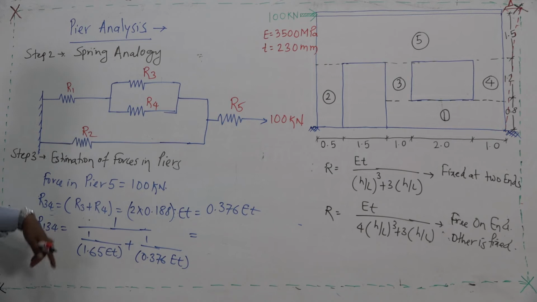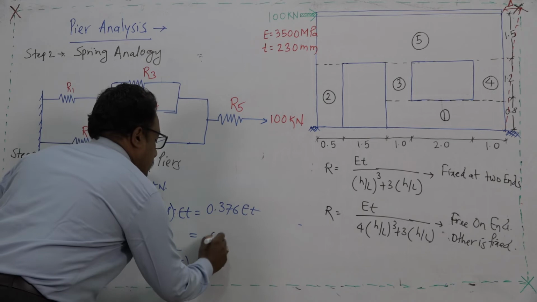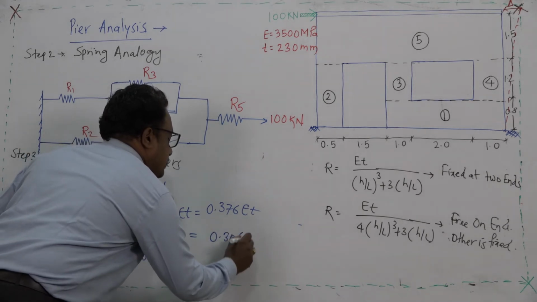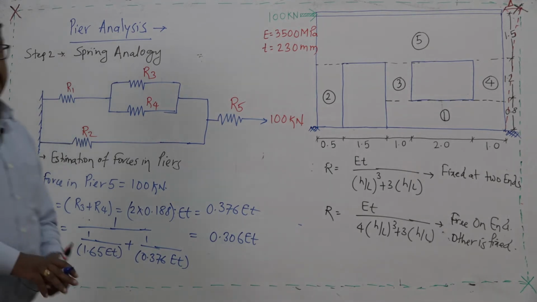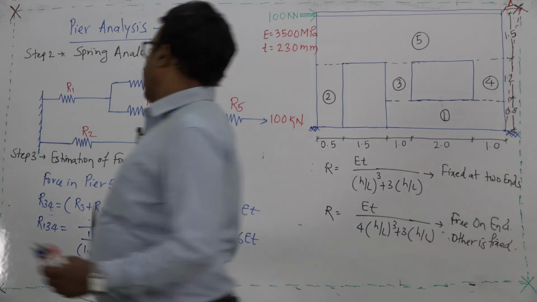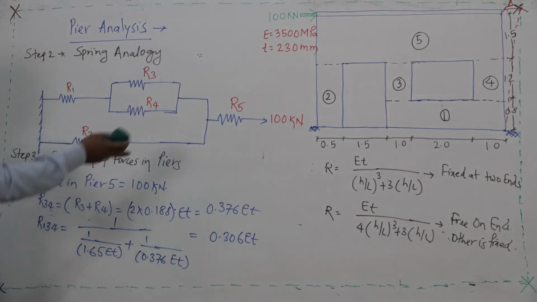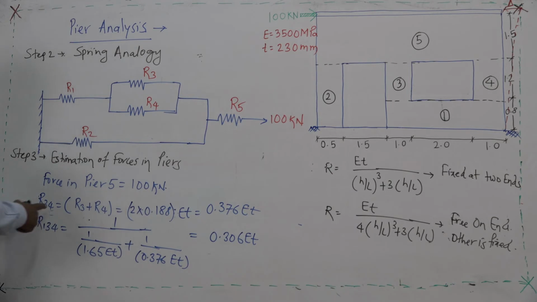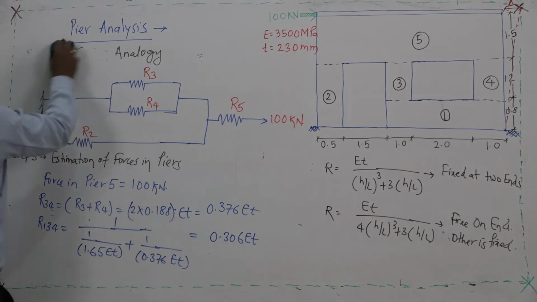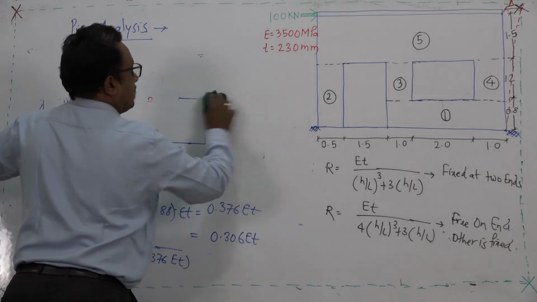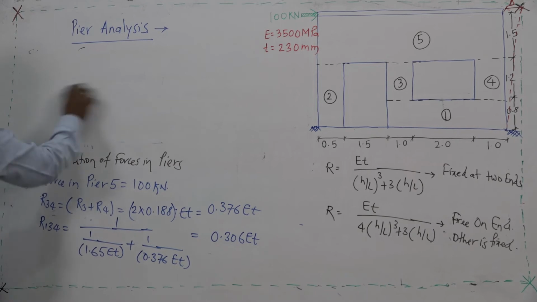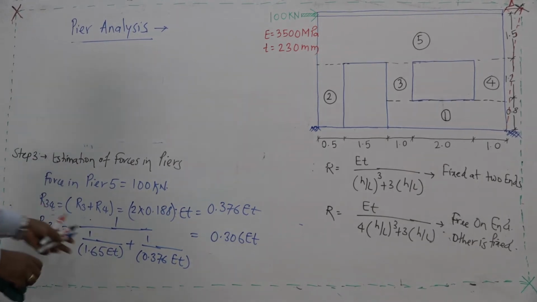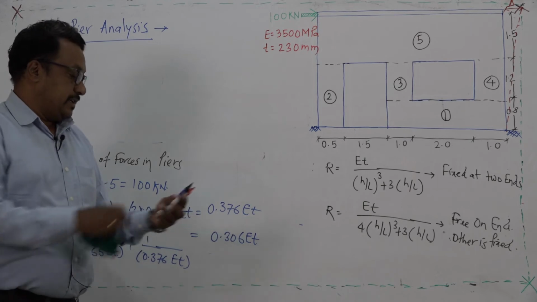If we work this out, we will have the equivalent stiffness as 0.306 ET. So, this is the important step. Depending upon the analogy of the spring, we are supposed to find out the stiffness of this. So, I will remove this. Now, this comes to be 0.306 ET.